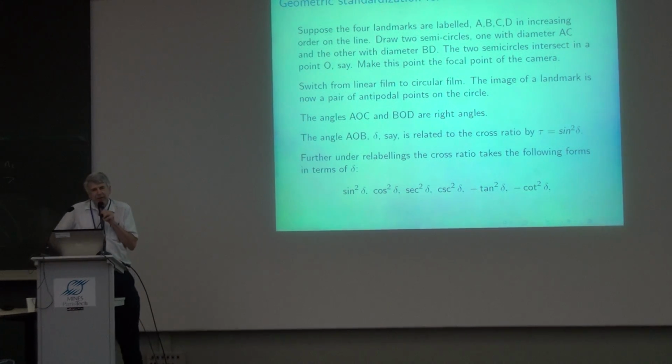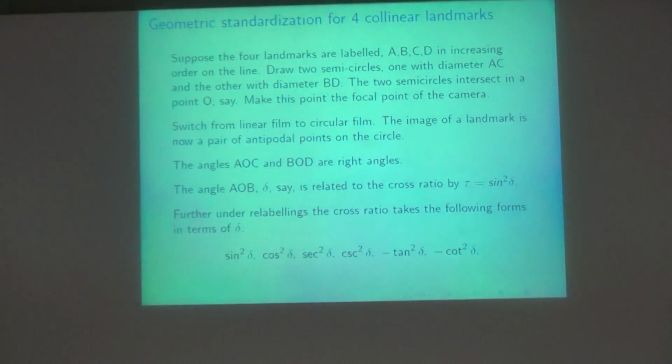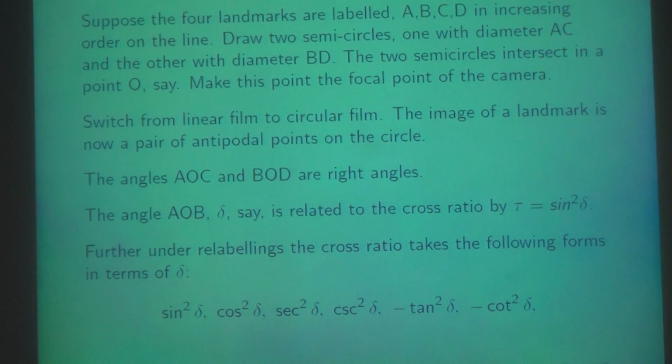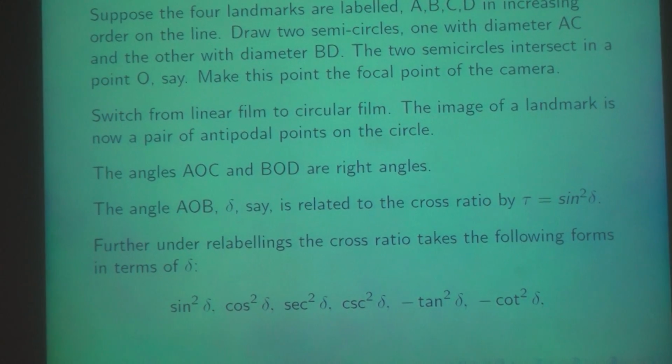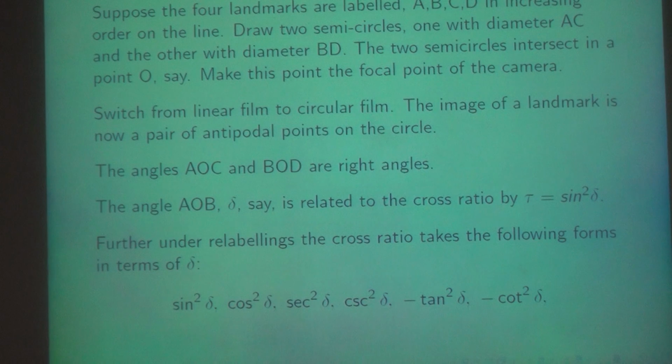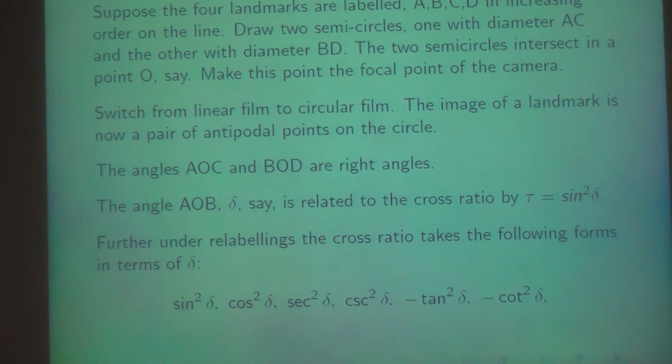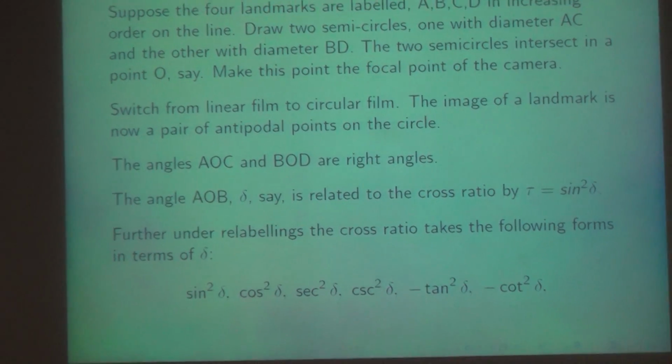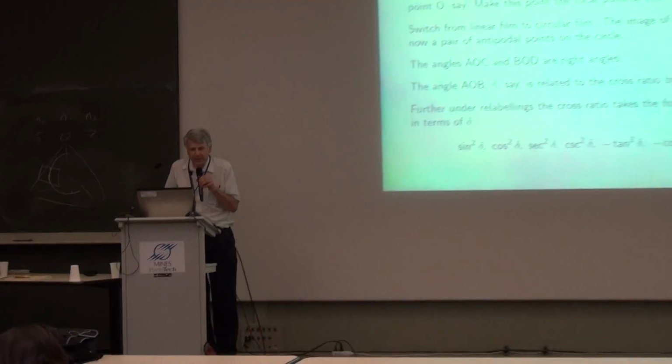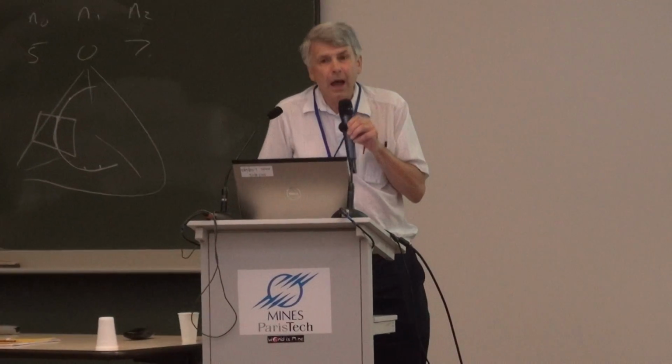Further, if I consider my 6 possible transformations of the cross ratio, it's related to the standard 6 trigonometric functions for representing angles, sine squared, cos squared, and so on. So my angular representation gives me an alternative way of describing the same information that's in the cross ratio.